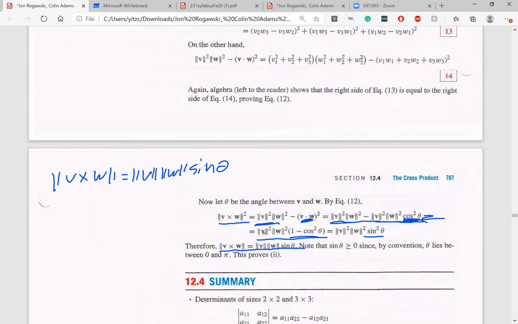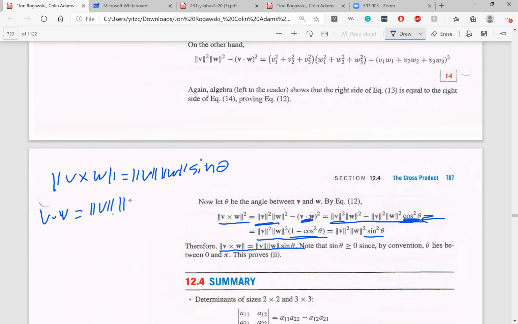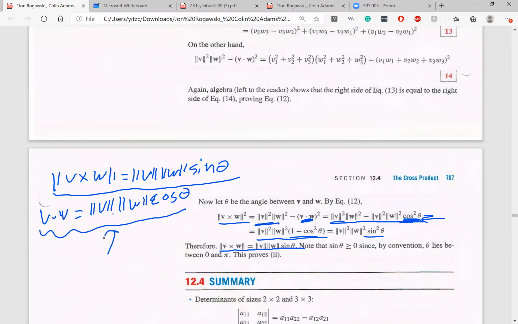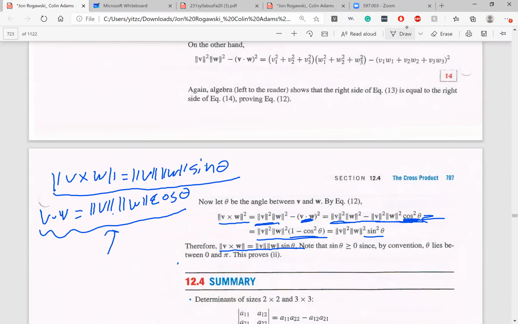And that's how we get from this to sine. So we basically use the formula V dotted with W is equal to the magnitude of V times the magnitude of W times cosine of theta to get this. And we proved this over here, if you remember, from the law of cosines. So, oh yeah. Any questions about this?